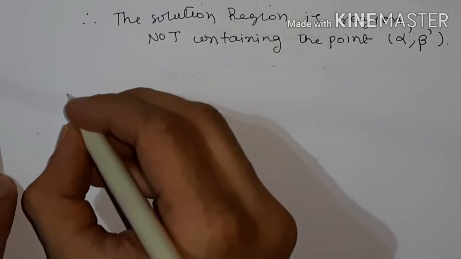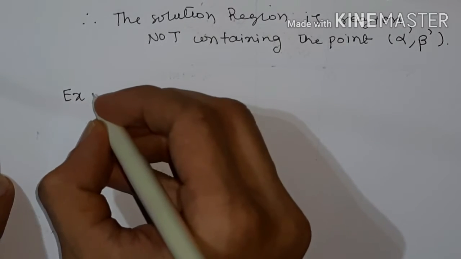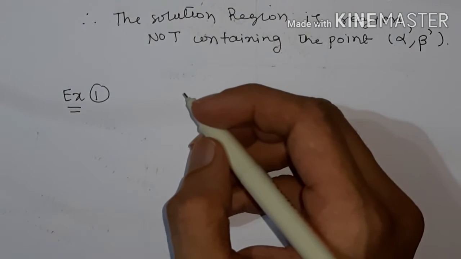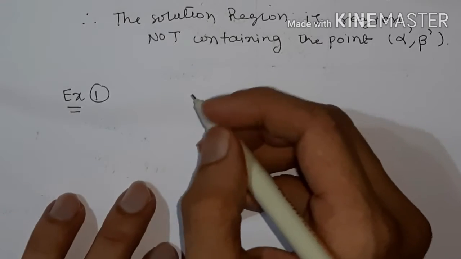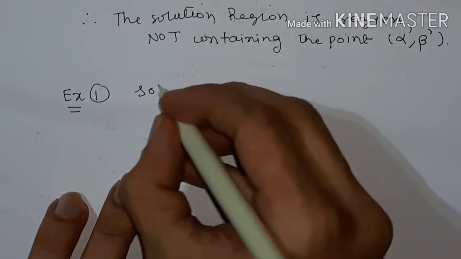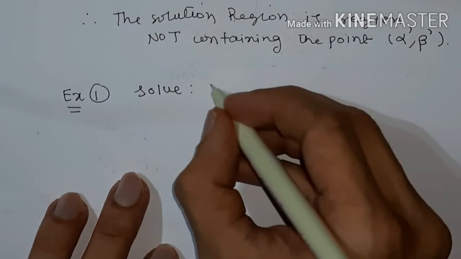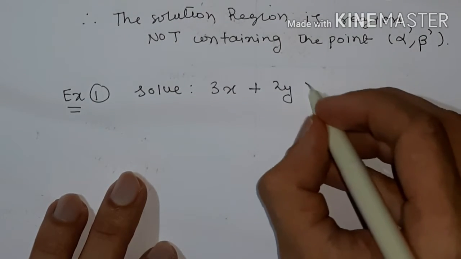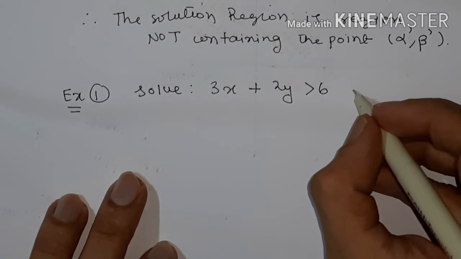Okay, so example 1. The examples which I am taking here are the solved examples in the textbook. Okay, so solve 3x plus 2y greater than 6 graphically.